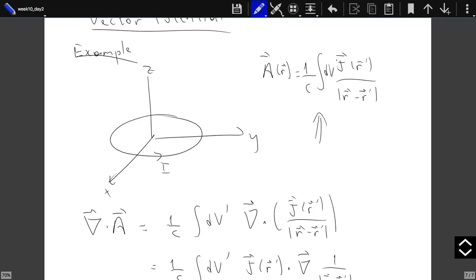So let's come to the calculation of the vector potential for this problem. Now, of course, the first thing we have to do is: what is J? What is the current density in this problem?